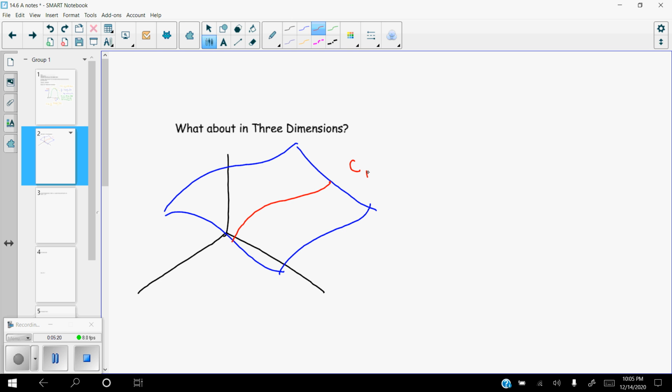It's actually sitting on the surface. So C1 is going to be, it's not a line, it's a curve, but it's going to be parallel to the x-axis. So C1 is parallel to the x-axis. And it is on the surface.